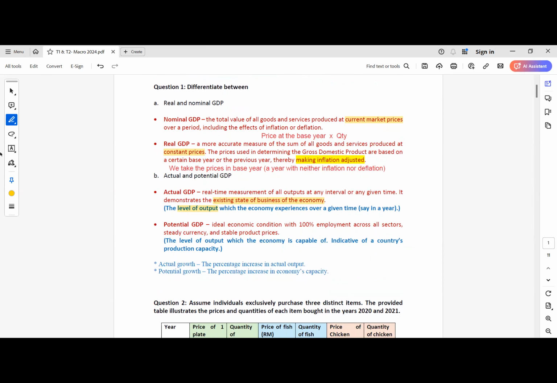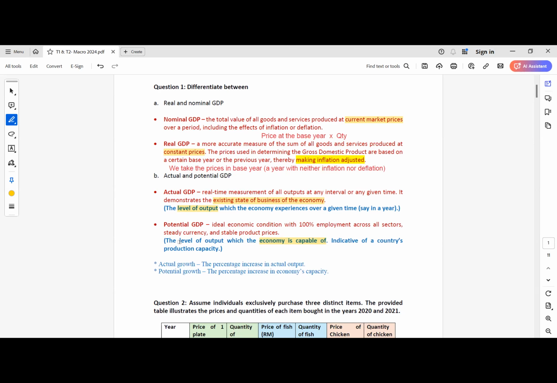Now, moving on, when you look into potential GDP, potential means what? That means I look into your capacity. So when I say potential GDP, I'm looking into the capability of the economy, how much they can produce. So I define it as the level of output which the economy is capable of.